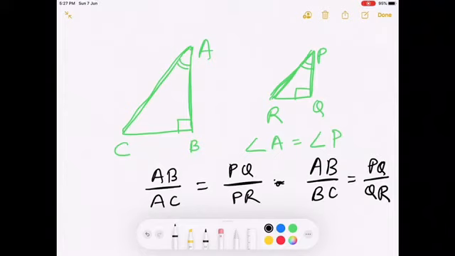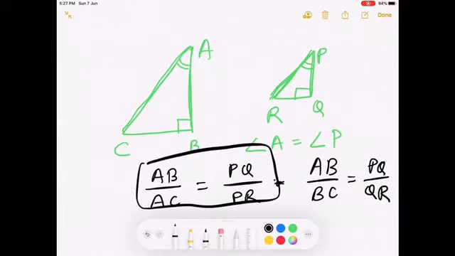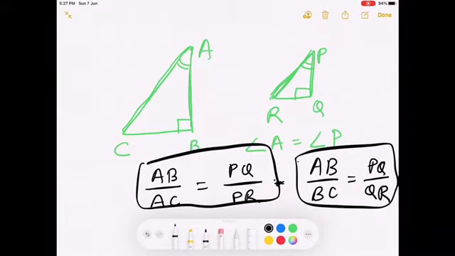Basically what I'm trying to convey here is that if two triangles are similar, then the ratio of their corresponding sides is the same, just like I have written two of the ratios here. If I want to write in general, I could have written all three sides.